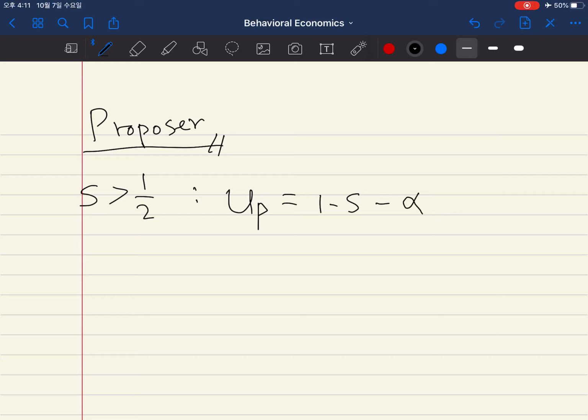So we have an alpha term here, and the extent of inequality is the difference between what the responder has and what the proposer has. So this is the utility of the proposer if the proposer offers more than half of the resource to the responder.